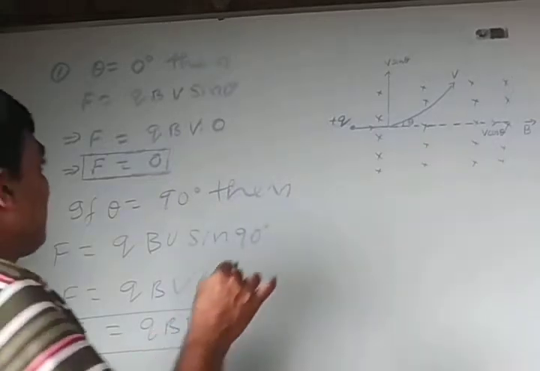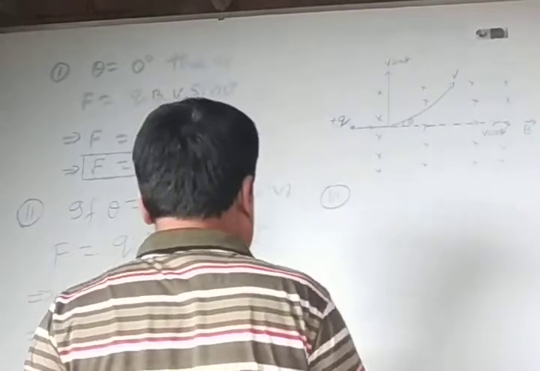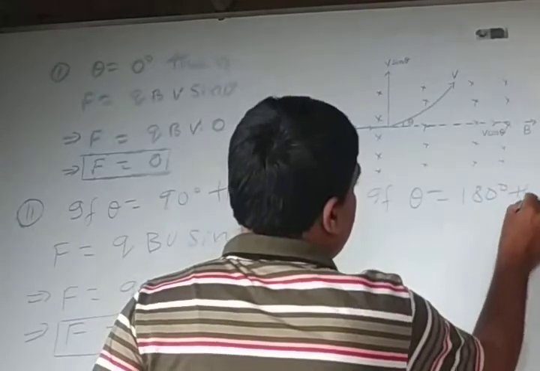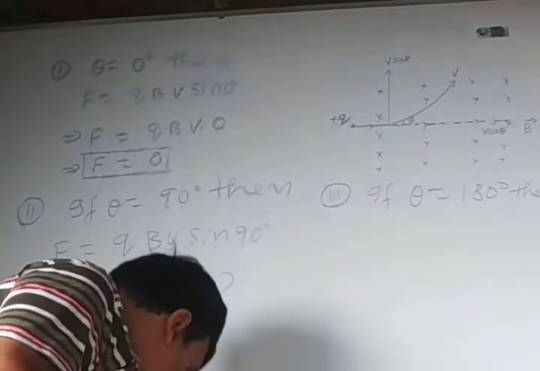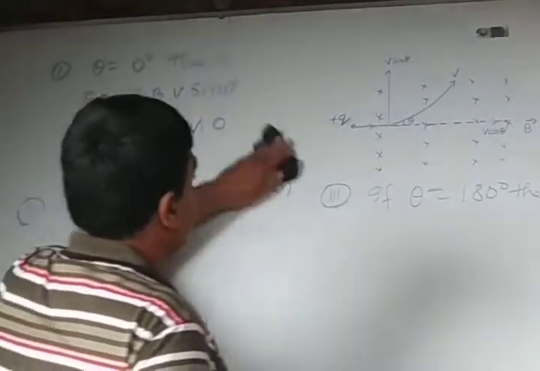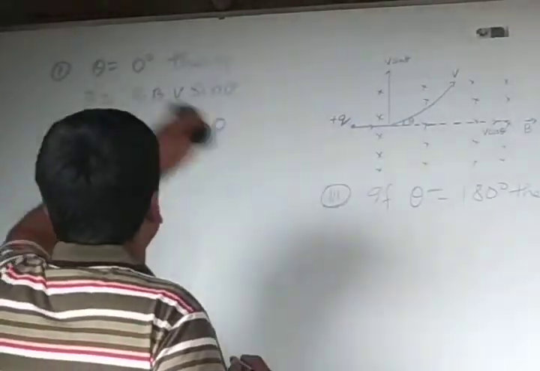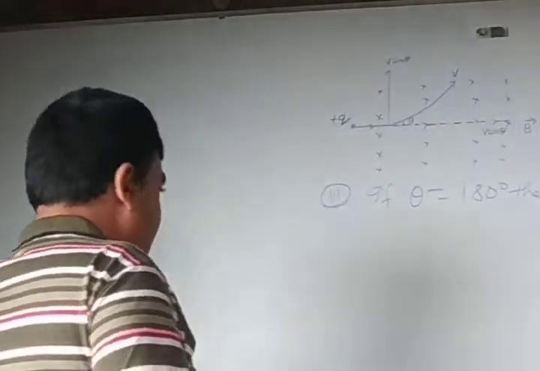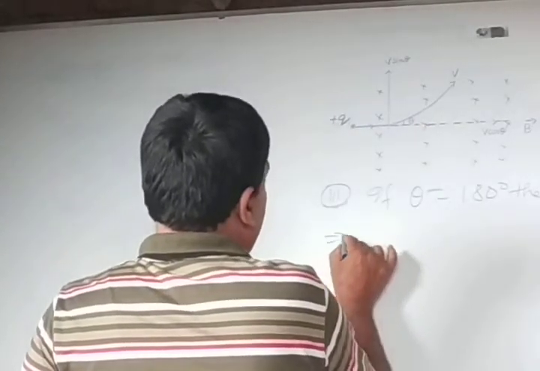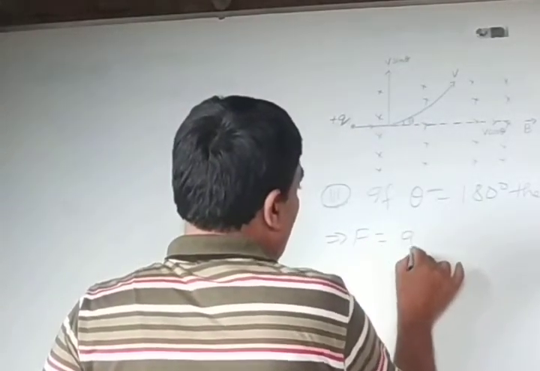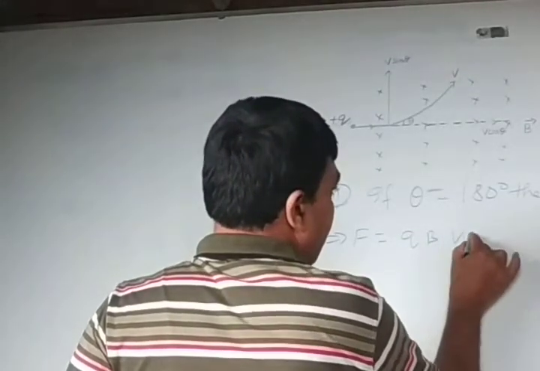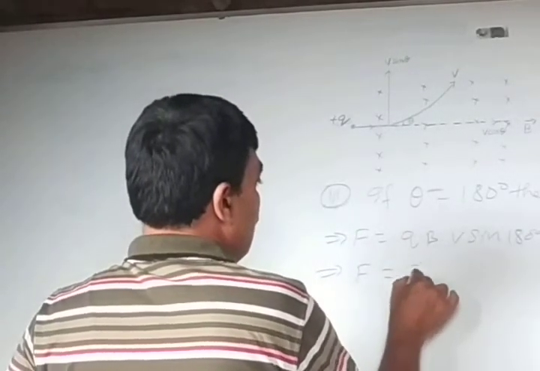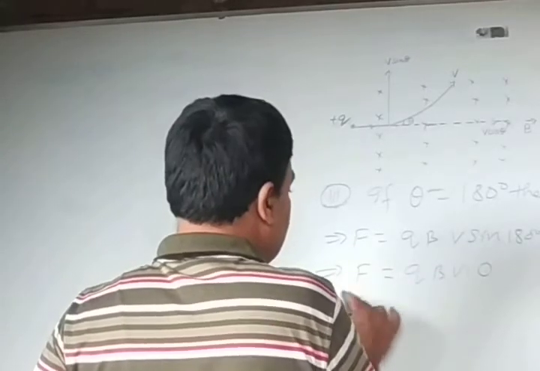Okay, third, if theta is equal to 180 degree, then F is equal to Q B V sin 180 degree. Do you know the value of sin 180 degree is 0? Okay, F is equal to Q B V into 0.